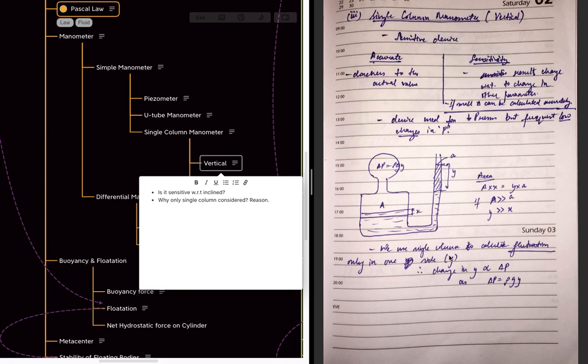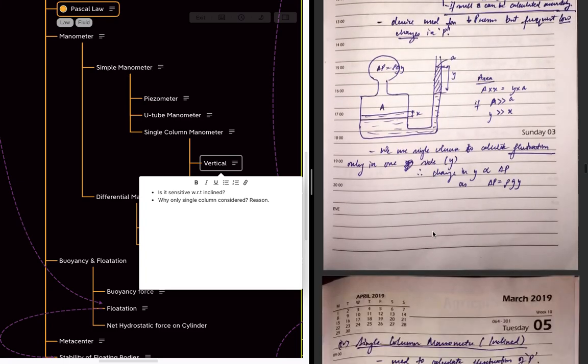So we will calculate the fluctuation only on one side here, not here. The change in pressure here will change the length of the liquid here. As the change in pressure is equal to rho g y, when we calculate this distance y, we will know the change in pressure.